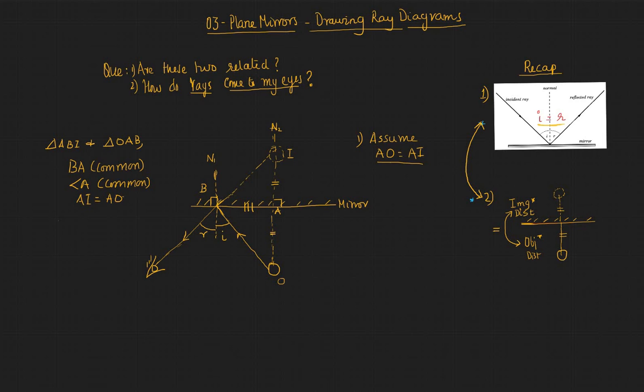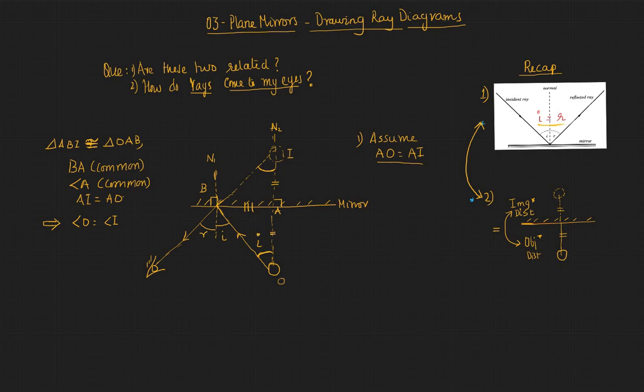So we can say that both these triangles are congruent, which implies that this angle and this angle are the same. I can say that angle O equal to angle I. But we know that since these lines are parallel, these are alternate interior angles.